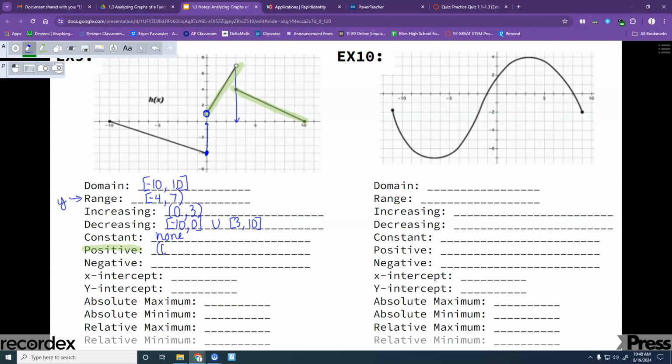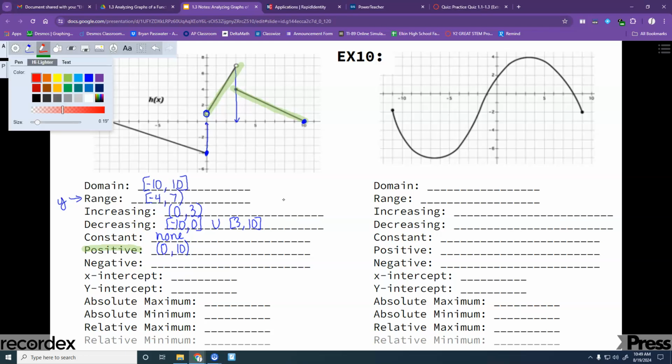It's 0. And then over to this piece right here. What do I have there? 10. I want to use parentheses with both of those. For the first one, I use a parentheses because it's an open circle. For the last one, I use a parentheses because it's not actually positive at that point, right? Okay, so that's my positive.